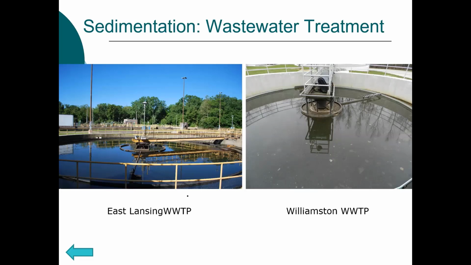The difference really is, the processes that they're handling are essentially the same. Color differences really have to do more with lighting than anything. Typically, we're looking at using a circular clarifier as a secondary clarification process.